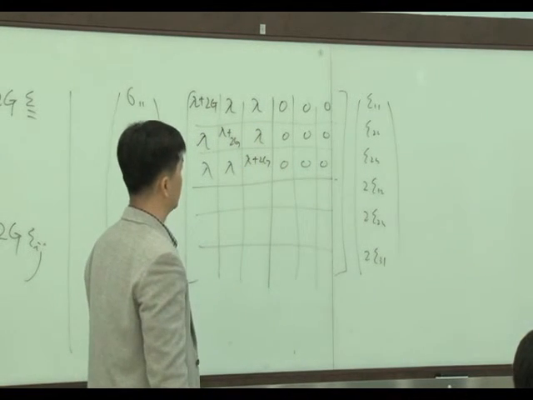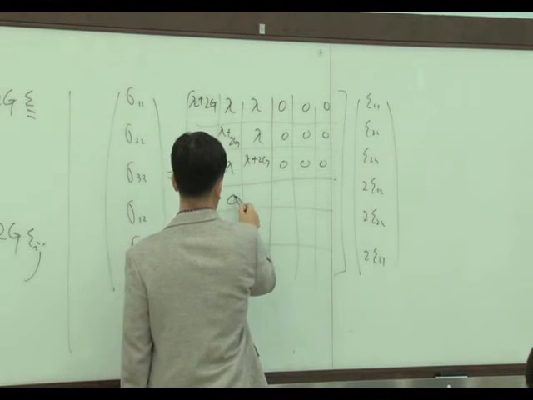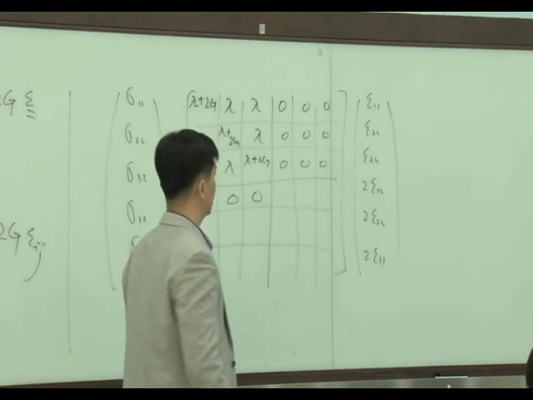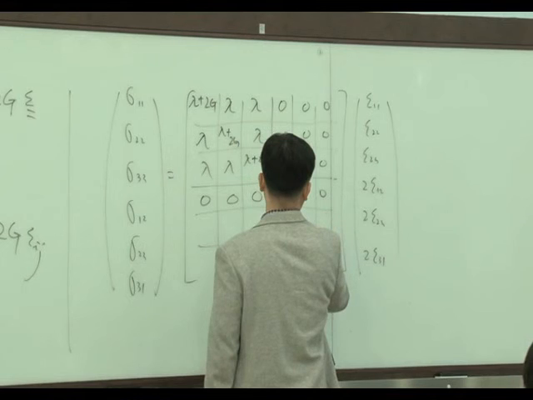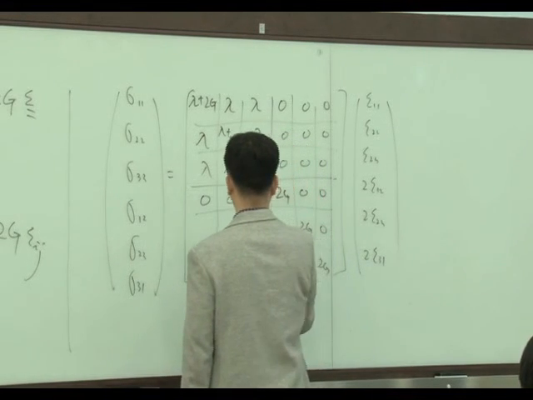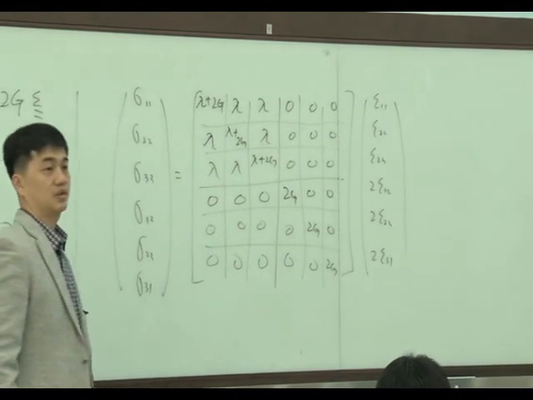How about 12? 12 doesn't have interaction with the normal strain, right? So here 2G, 0, 0. This is the material matrix.